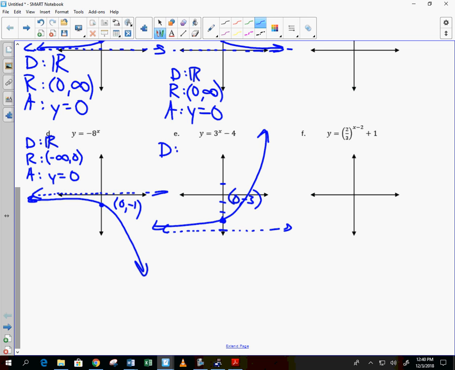Domain. All real numbers. Range. -4 to infinity. We go from the asymptote on up.